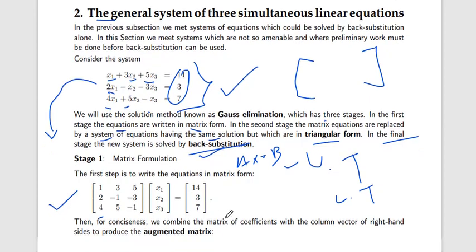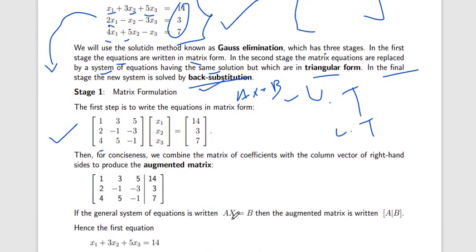Now for our ease, we will combine this coefficient matrix with the column vector of the right hand side to produce an augmented matrix.